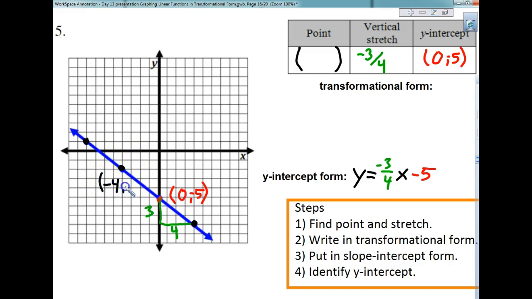So (-4, -2). So I'll write that one. So we got y is going to be +2, good, equals, and then x +4. Yeah, very good.